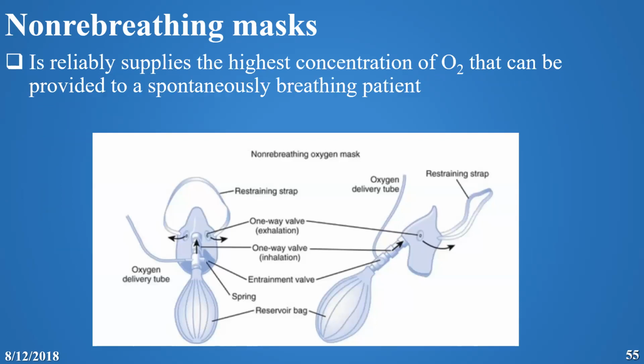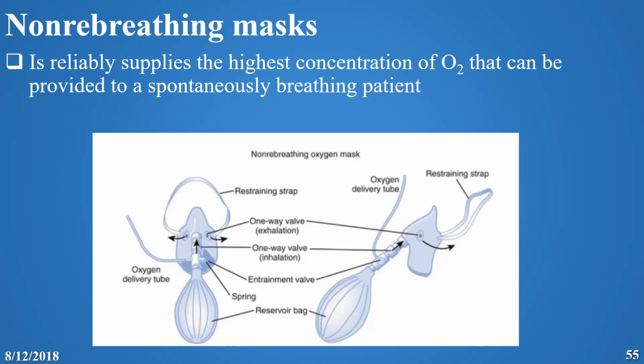This is an example of the non-rebreathing mask, and you can see that there is a one-way valve on the side. There is also another one-way valve at the junction of the reservoir and the mask. We call it the entrainment valve. And you can see also there is the oxygen tube supply.